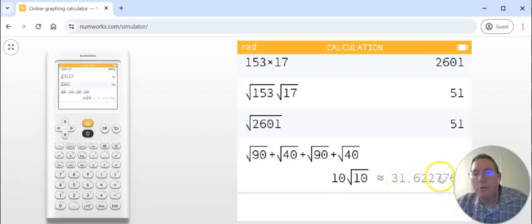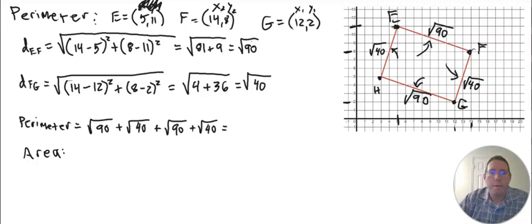Now, see this 6227? But this next number is 7, and that means this 7 is going to round up to an 8. So we're actually going to put 31.6228, which, by the way, simplified was 10 square root of 10.